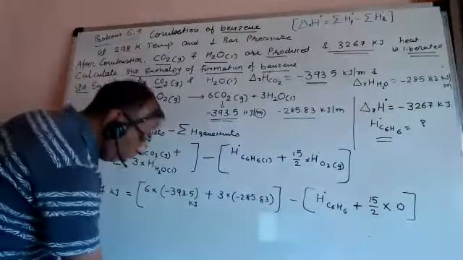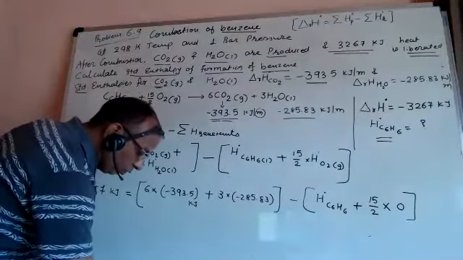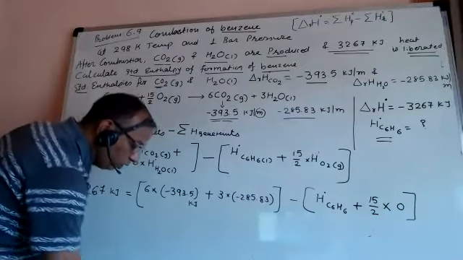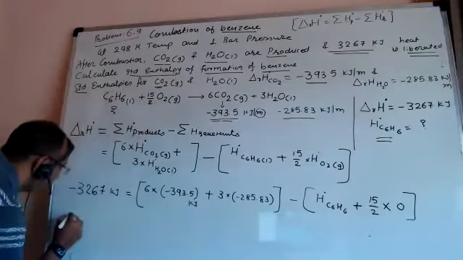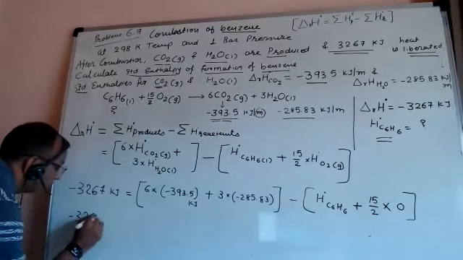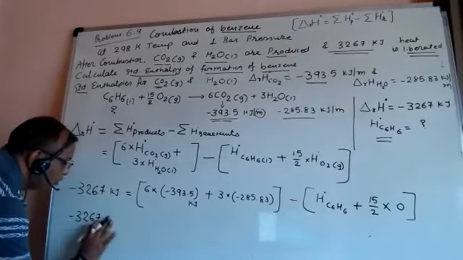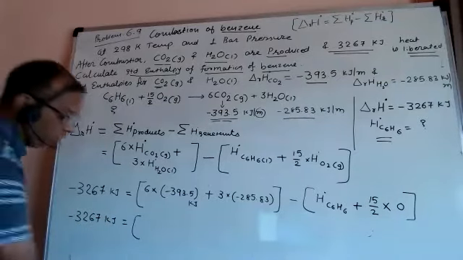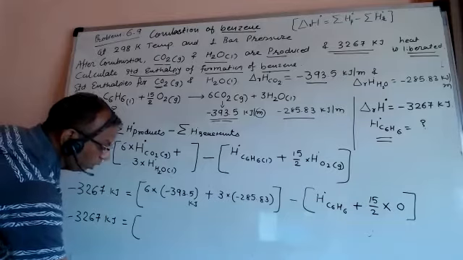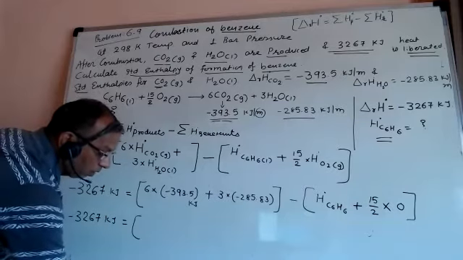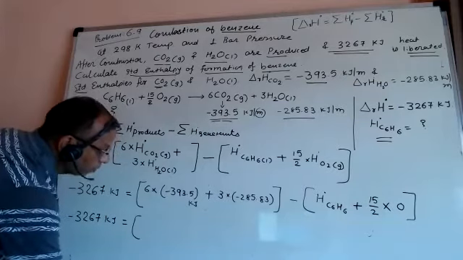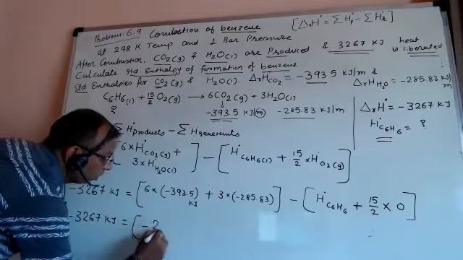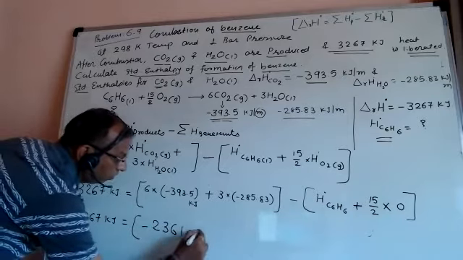Okay, friends. Now, as you know, calculator is allowed here. So you can use the calculator to get the values. Minus 3267 kilojoule is the left hand side value. Now on right hand side, if you do 393.5 into 6, you will get the answer 2361.